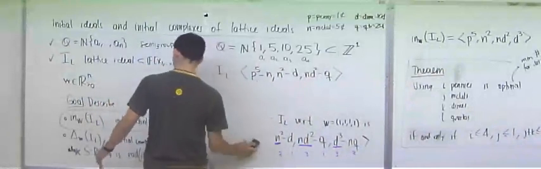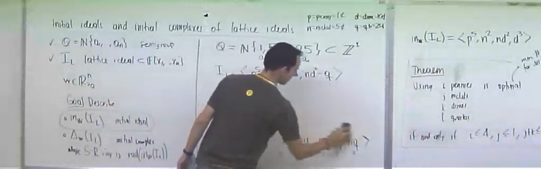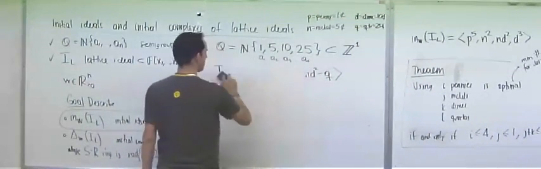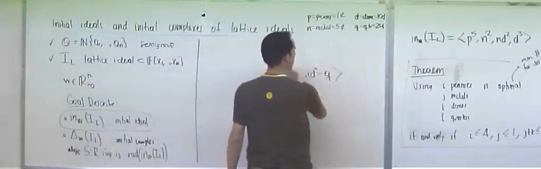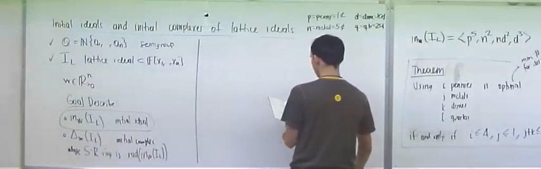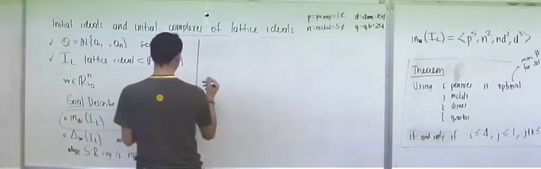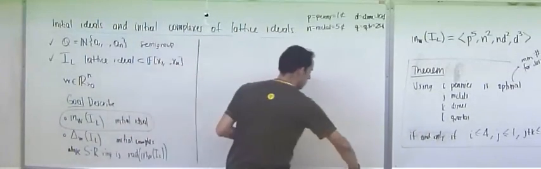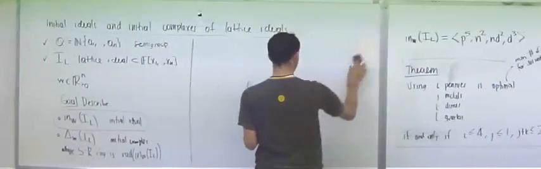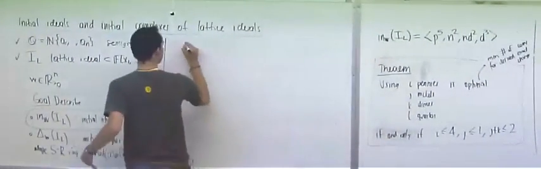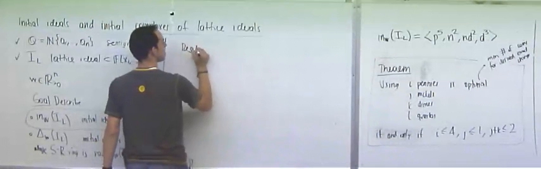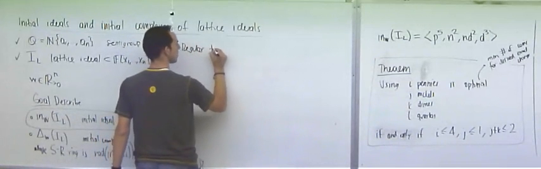Now, the other thing I want to do is describe this initial complex. And for that, I need to tell you a little bit about a different topic. I think maybe I said something about this already. Did I talk about regular triangulations?